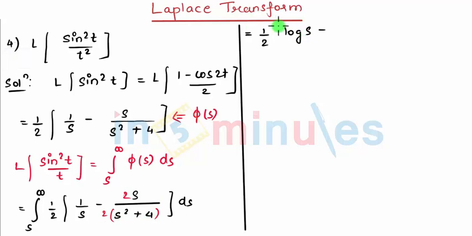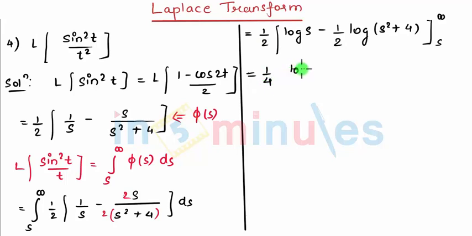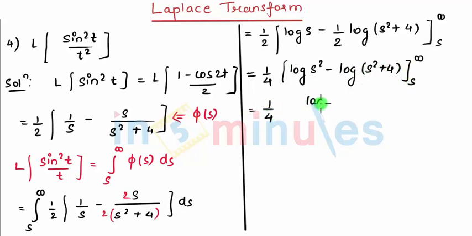So I can say here 1 by 2 log of s square plus 4, s to infinity. The next step, I'll be getting 1 by 2 outside, it comes 1 by 4, log of s square minus log of s square plus 4, s to infinity. This gives me 1 by 4 log of s square divided by s square plus 4, s to infinity.